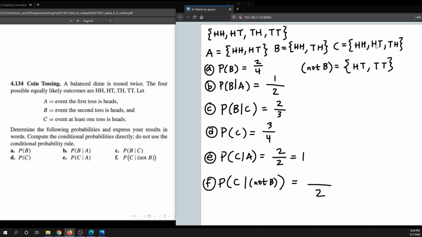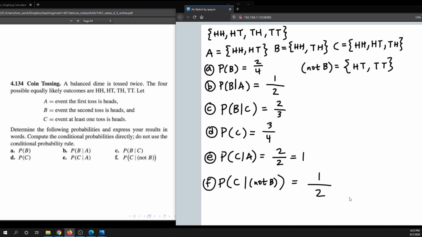Nope. Heads, tails, is that in here? Yes, it is. So there's 1. Tails, heads, is that in not B? No, it's not. So there is exactly 1 element of C that's in not B. So the probability that event C would occur given that not B does occur would be 1/2.